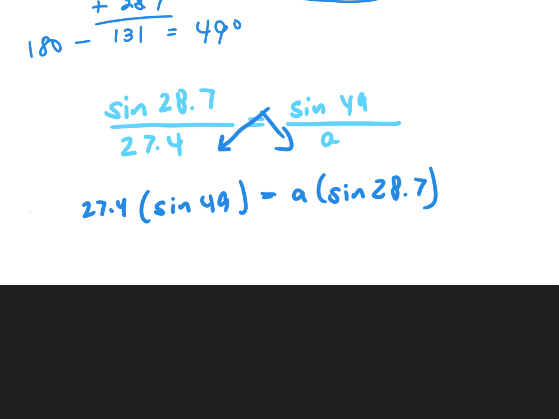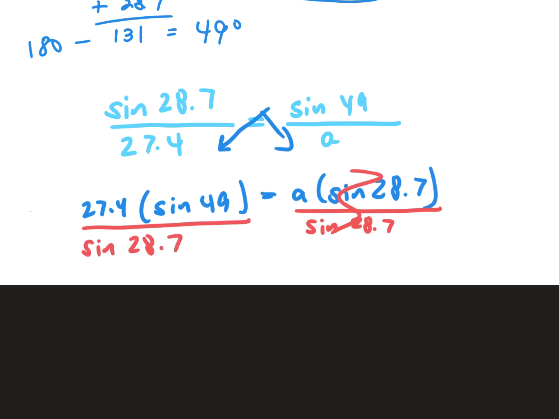But I want to get little a all by itself, so what do I need to do? I'm going to divide both sides by the sine of 28.7. So this is where your calculator comes in. In your calculator, you literally type in 27.4 times sine 49 and then divided by sine 28.7.